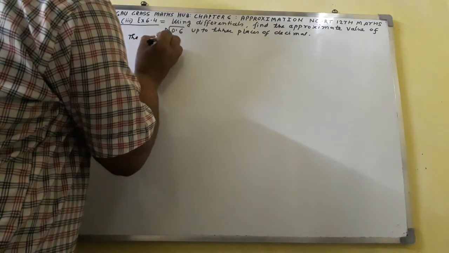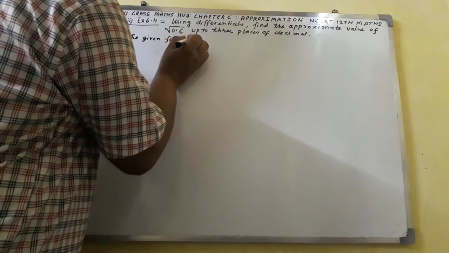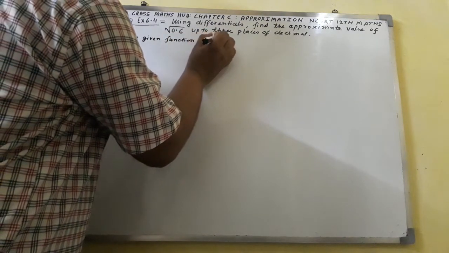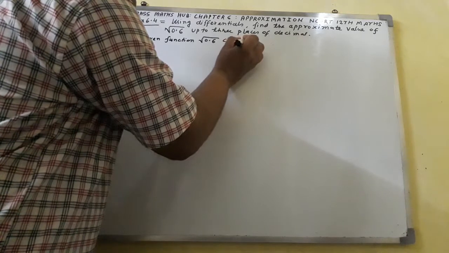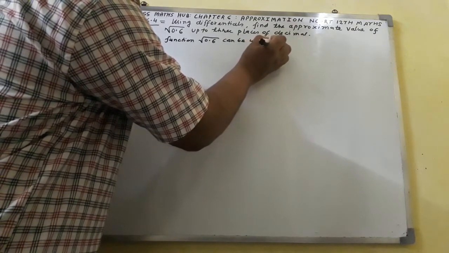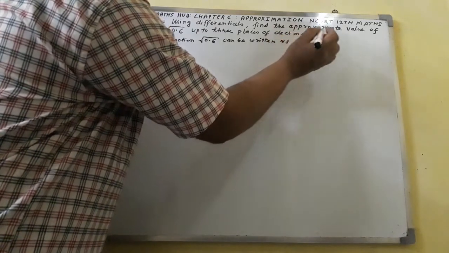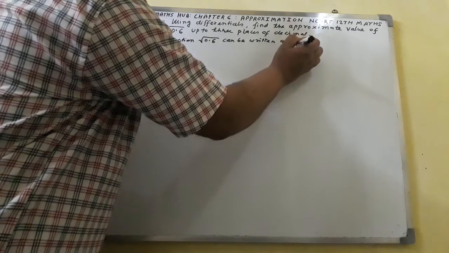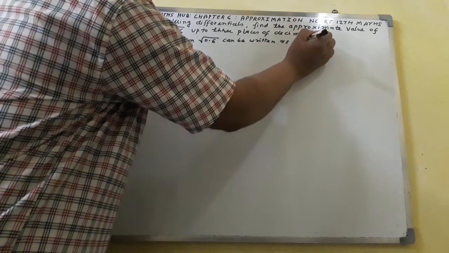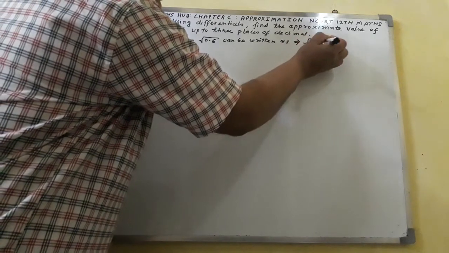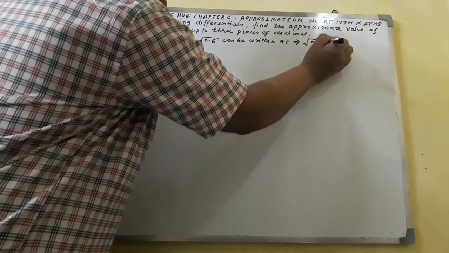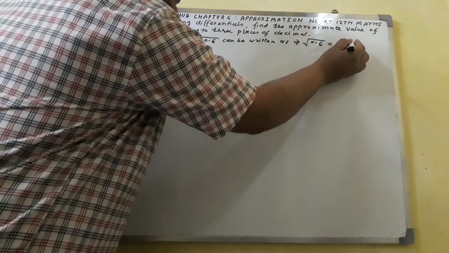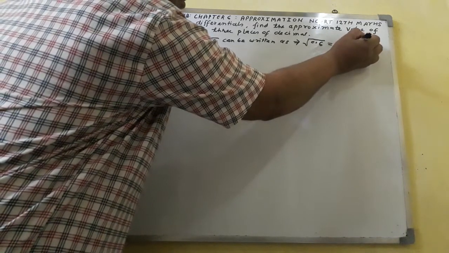The given function under root 0.6 can be written as, under root 0.6 equal to 0.6 raised to the power 1 over 2.